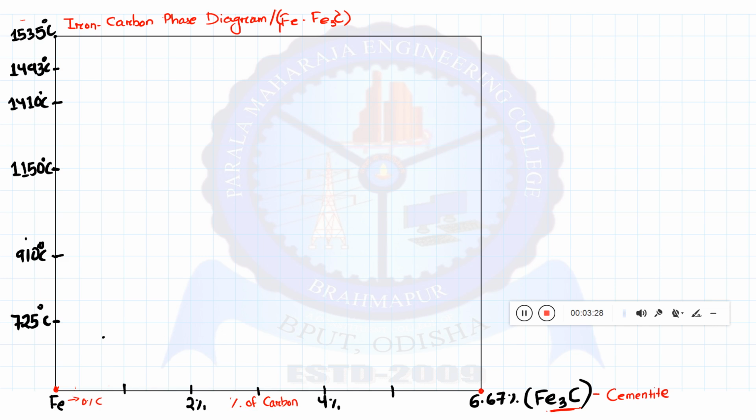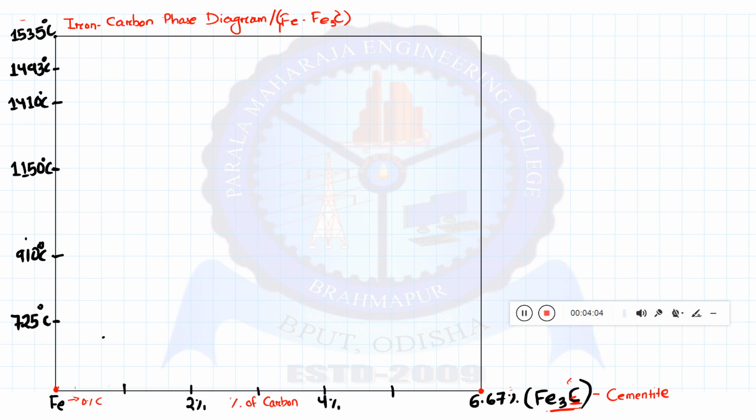And why? Because beyond 6.67 percentage we are not interested in those alloys, because those alloys possess brittleness because of the higher percentage of carbon. So we are only talking about up to this intermetallic compound, Fe3C or cementite. This Fe3C consists of 4 atoms, of which carbon has 1 atom. So 1:4 means 25 atomic percentage of carbon is present in this intermetallic compound.